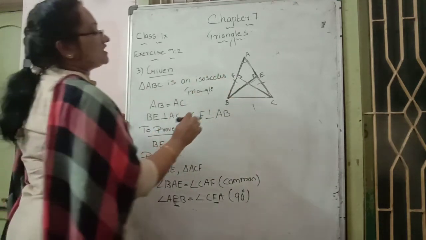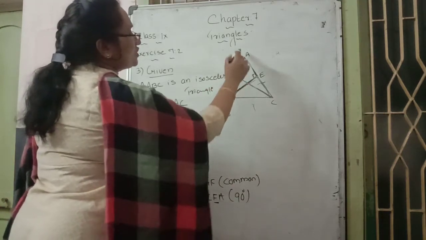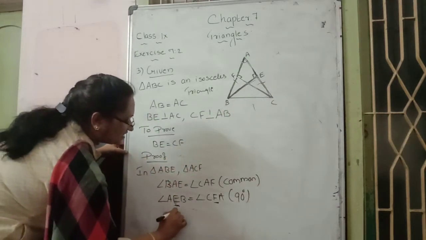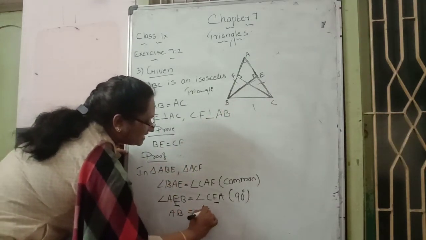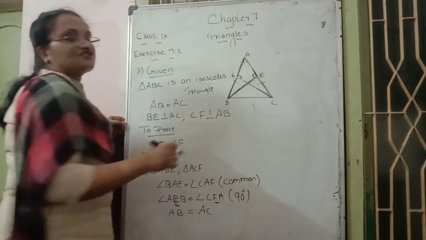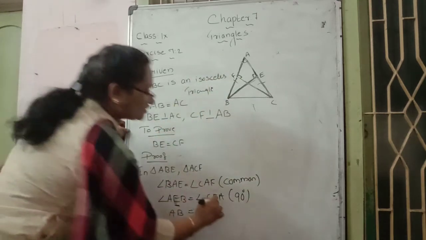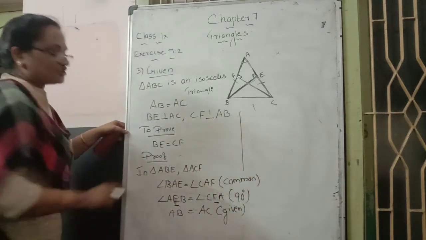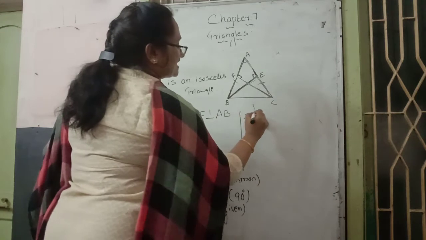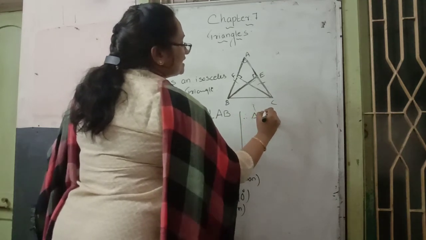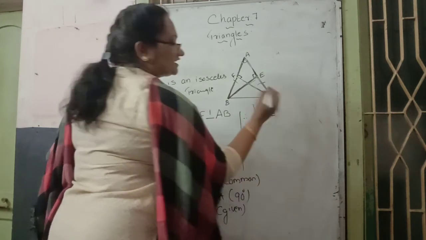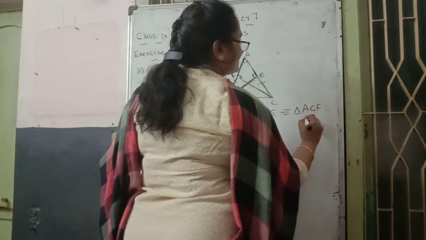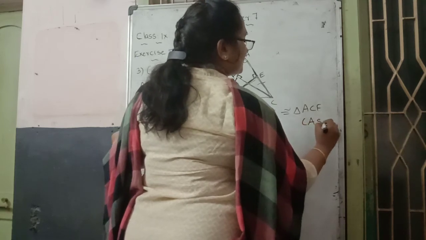Then one more condition. What is the next condition? It is already given that the AB side of the first triangle and the AC side of the second triangle are equal, because it is an isosceles triangle, so the two sides are equal. It is given in the question. So the three conditions are satisfied. So triangle ABE, in any order we can take it, is congruent to triangle ACF by the ASA property.